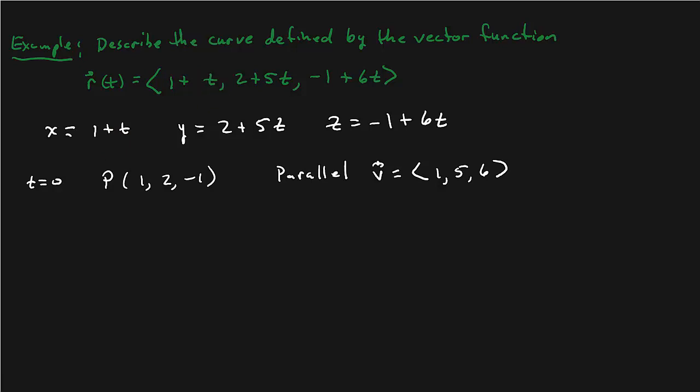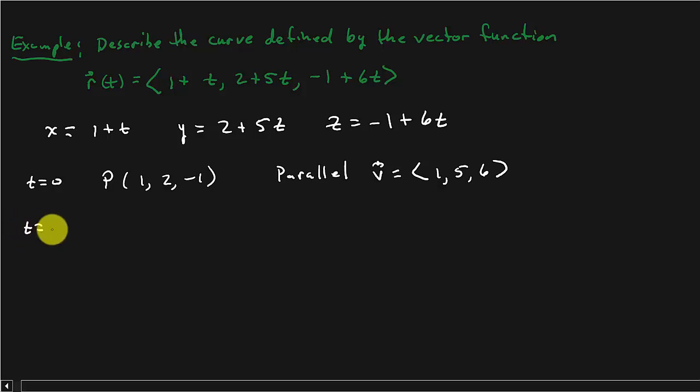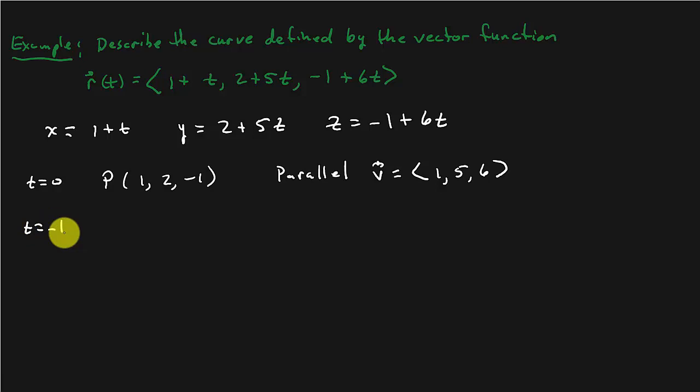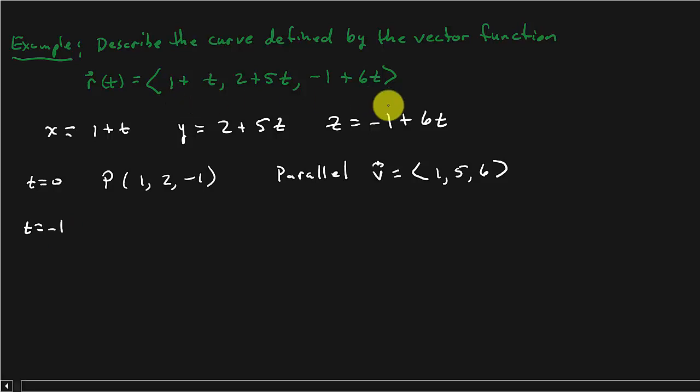All right, so now let's get another point on the line, and let's just choose t equals -1. So why am I doing that? Well, you can plug in whatever you want, but why would you do that? You can plug in 10 if you want to, but then you have to plot the point 11, 52, and then 59.